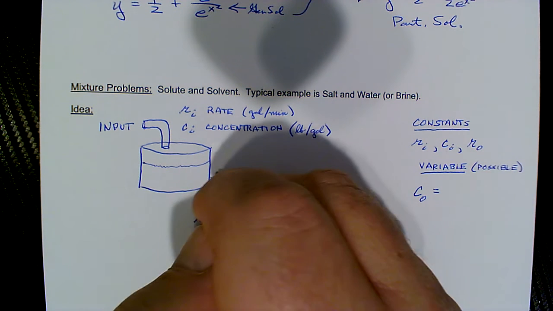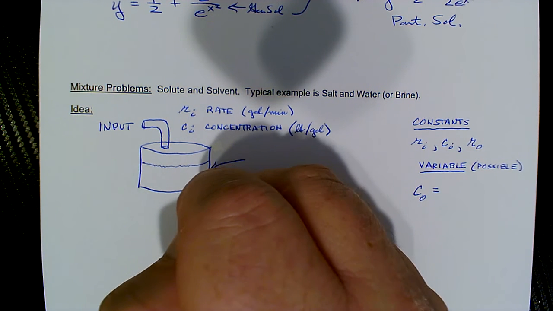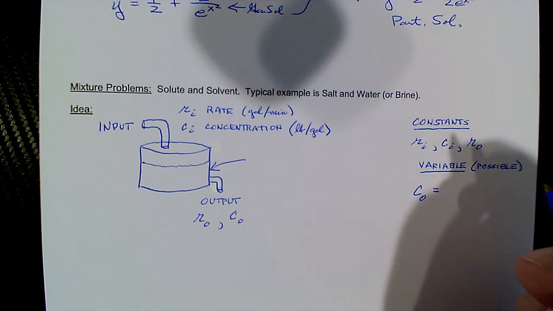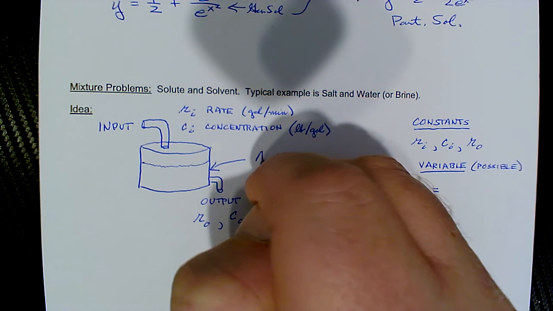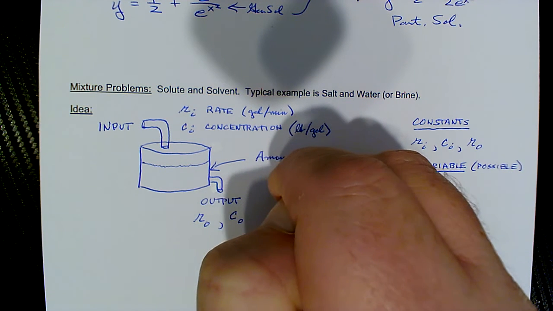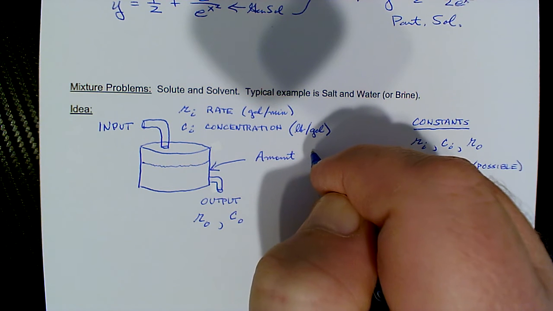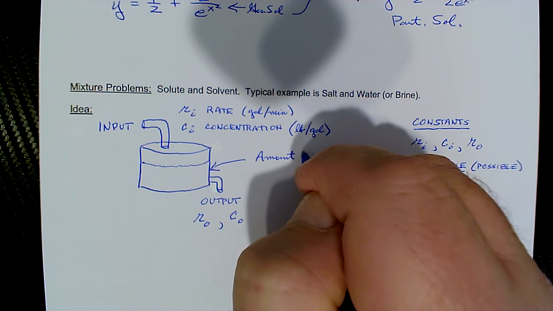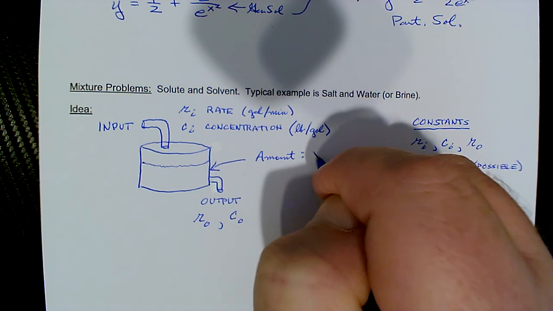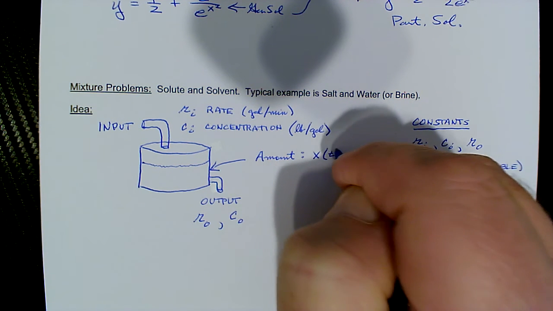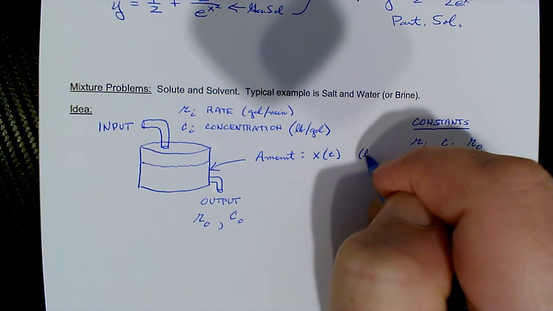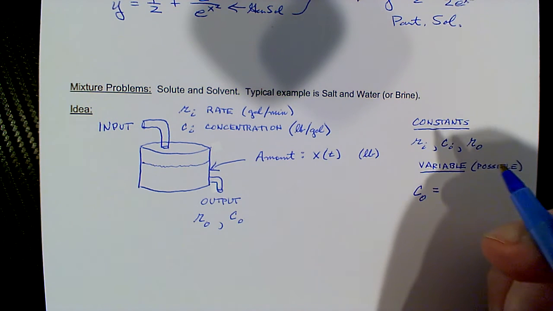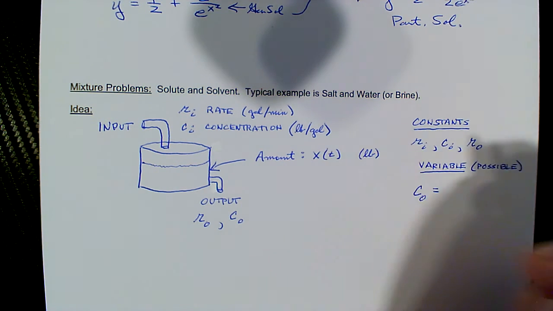Now, if we talk about what's in the tank at any time, we have an amount that we'll call x of t. So this will represent the amount of solute. So in terms of units, we'll say pounds. So that'd be the amount of salt, let's say.